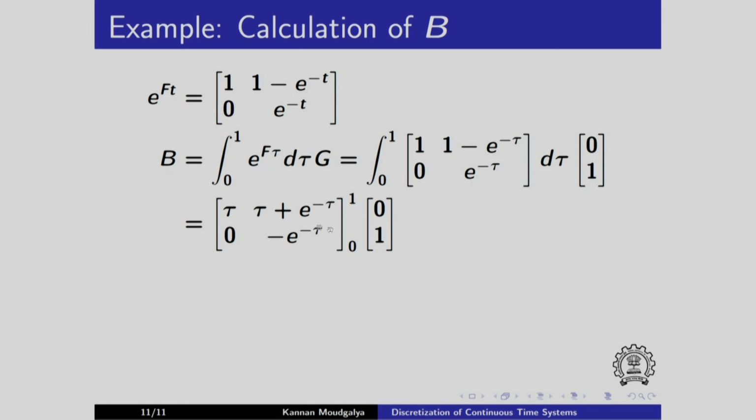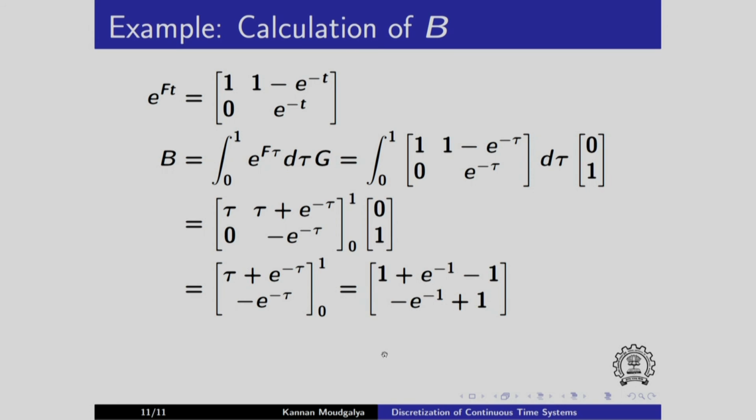What we will do is we will first multiply this out and then take the limits. So when I multiply this out, this 1 will pick the second column, I get this. This column will be made 0 because of the presence of this 0 here. So I have to evaluate this at tau equals 1 minus the same expression evaluated with tau equals 0.